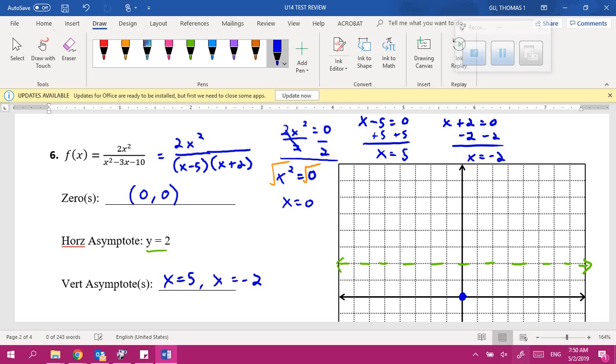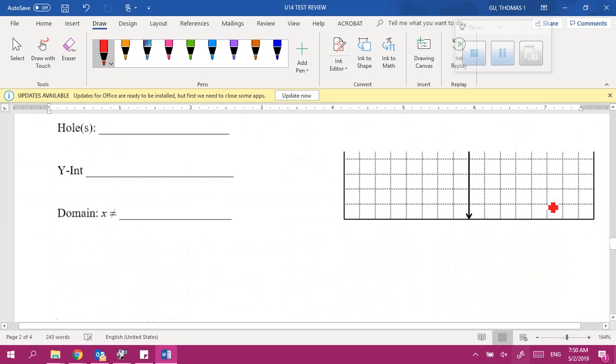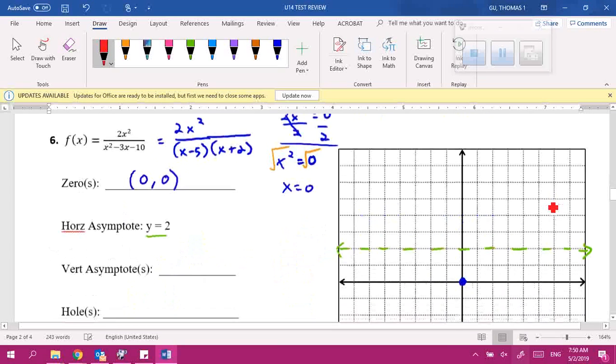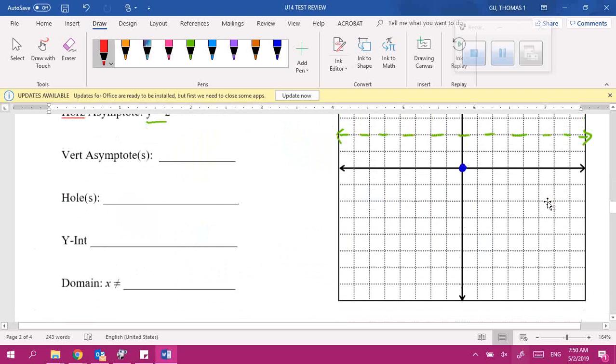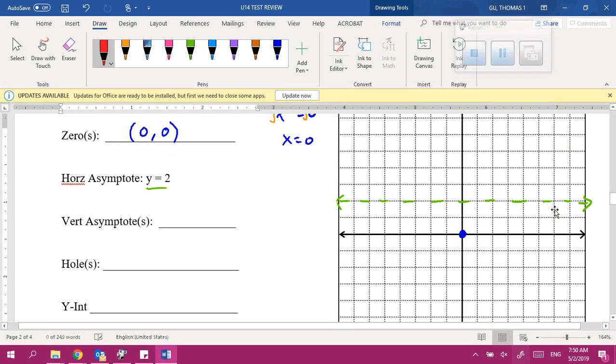So now I will graph the vertical asymptotes. x equals negative 2 is right here. Let me zoom out.